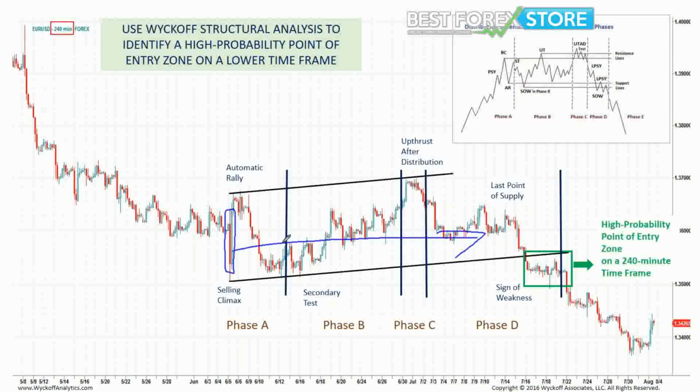Well, first of all, we're thinking that currently we are in phase A. Currently, we are in the automatic rally. And therefore, at some point, we're going to have a reversal to the downside, and we're going to retest a climactic action low.